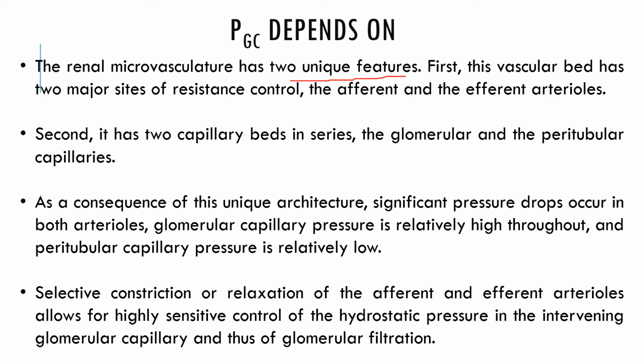First, this vascular bed has two major sites of resistance control, the afferent and the efferent arterioles. Second, it has two capillary beds in series, the glomerular and the peritubular capillaries. As a consequence of this unique architecture, significant pressure drops occur in both arterioles. Glomerular capillary pressure is relatively high throughout, and peritubular capillary pressure is relatively low.